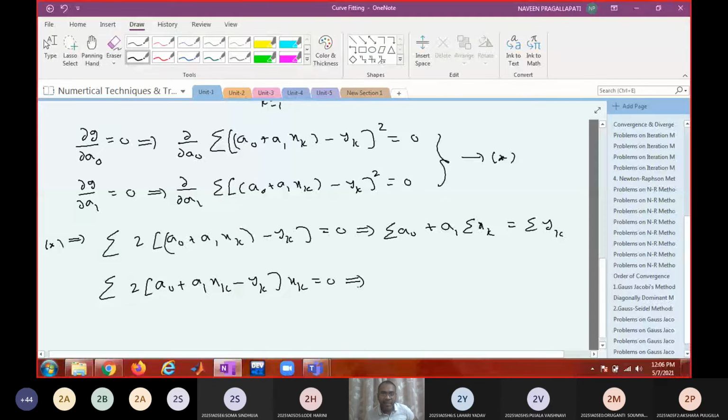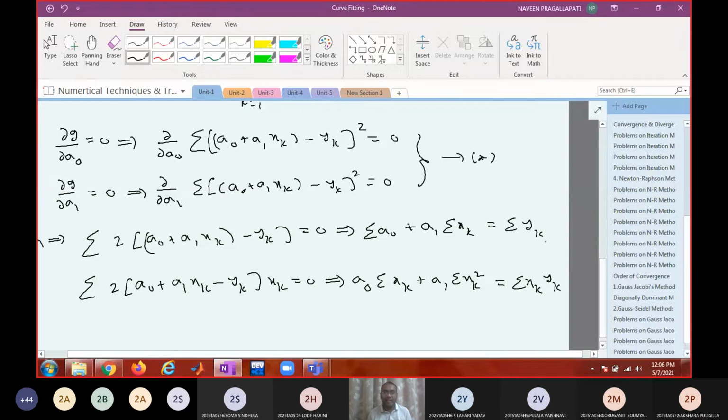So when I take the summation inside and simplify, what do I get? I can divide with 2 again, so that will go. So that is a naught into sigma xk plus a1 into sigma xk square is equal to sigma xk yk. Do you agree?